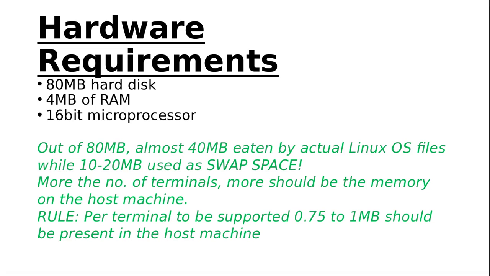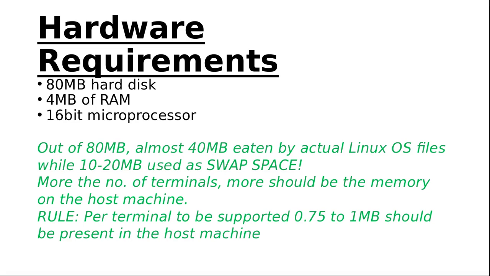One more thing to be noted is that out of 80 MB, almost 40 MB is taken by the actual Linux OS files, whereas another 10 to 20 MB is used as swap space. The swap space is used when Unix falls short of memory. At such times, it temporarily stores in the swap space the contents of memory which are not immediately required.